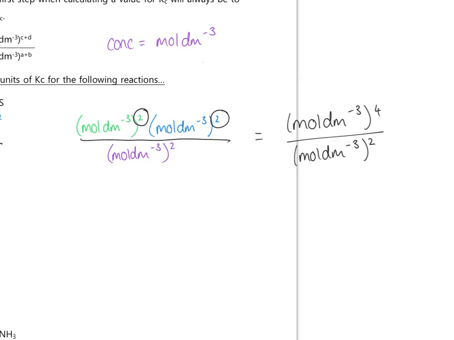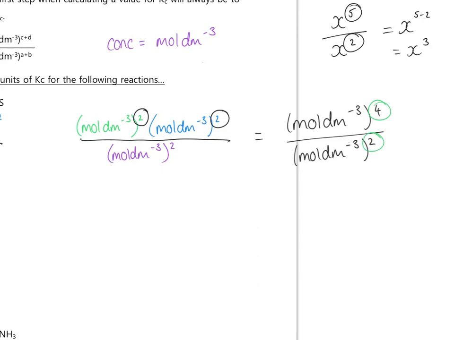Okay, back to your rules of indices for a second. Let's say this time I had x to the power 5 over x squared. The rules of indices state that when you're dividing, you subtract your indices. So x to the power 5 over x squared is equal to x to the 5 minus 2, which is x cubed. So here we're subtracting the powers.